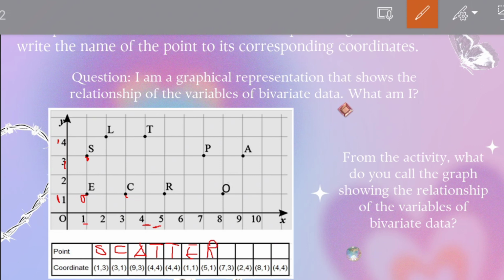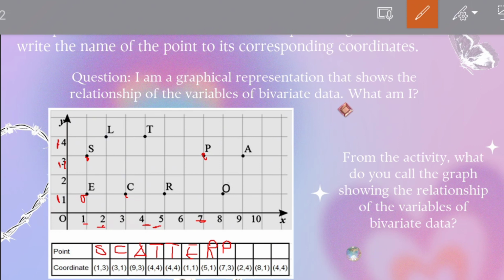Next is 7 and 3. 7 here, and then 3 here. And then natunong siya sa P. Next is 2 sa x-axis, and then 4 sa y-axis.